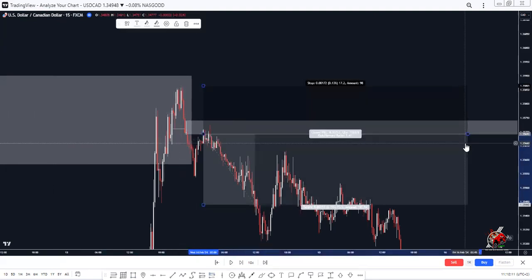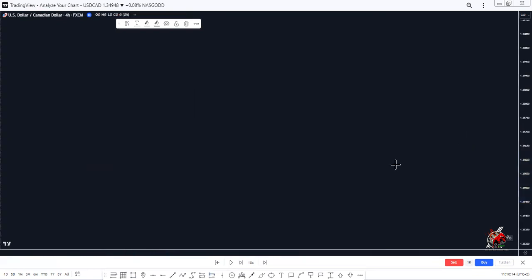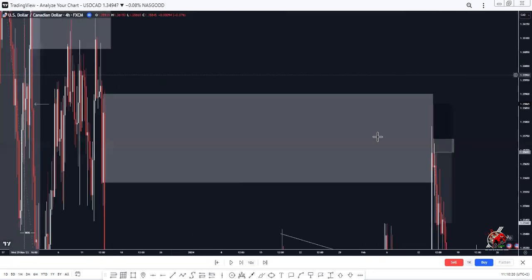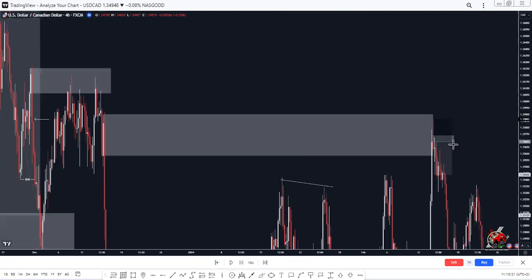Let me go to 4 hour to set my target. So now on the target side, guys, remember I told you not to actually target higher time frame targets before seeing a sign on higher time frame, right?